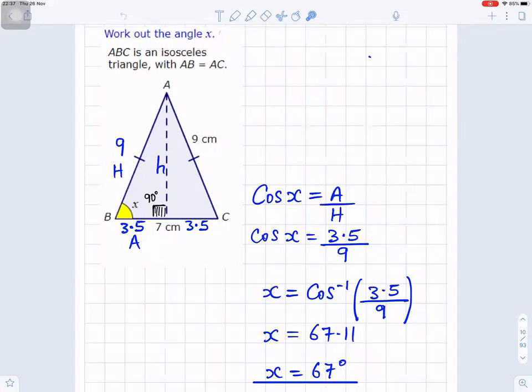It's cosine. So cosine of the angle is adjacent divided by hypotenuse. The adjacent is 3.5 and the hypotenuse is 9. You sub in those numbers, and to get the angle, you find the inverse cosine of 3.5 divided by 9, which will give you 67.11 degrees. And to the nearest whole number, that will be 67 degrees.